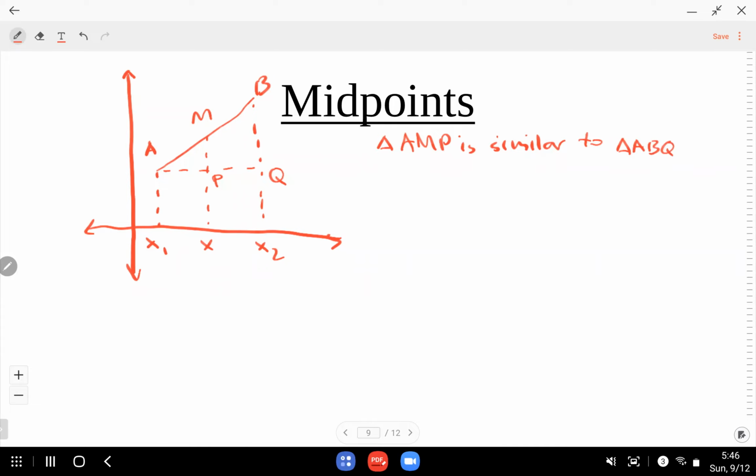Now, by these two similar triangles, we get that 1/2 equals segment AM over segment AB because they're similar, and this is a midpoint, which creates two congruent segments. And 1/2 is also equal to AP over AQ, right?